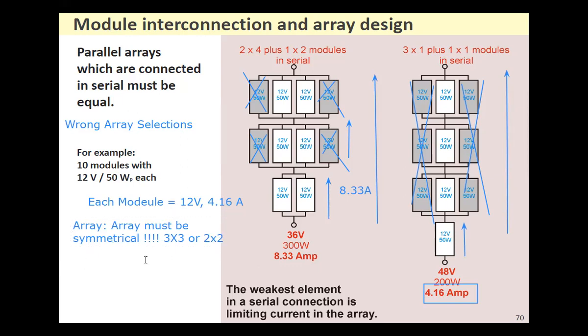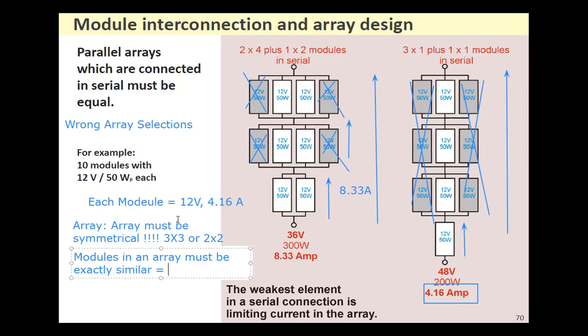And another thing is that the modules in an array must be exactly similar. You won't be using a 500 watt module with a 100-watt module. No, never. Modules must be similar and the array must be symmetrical.